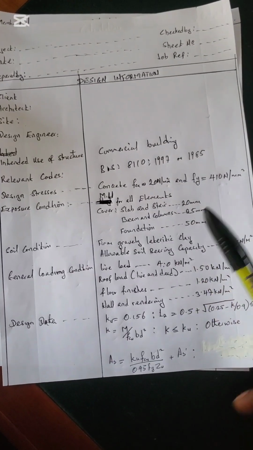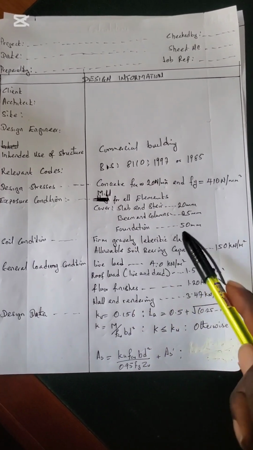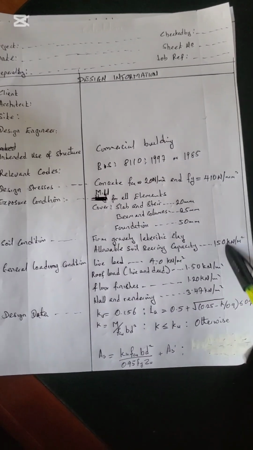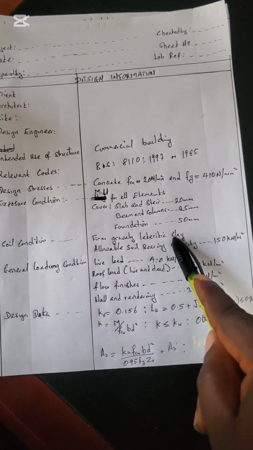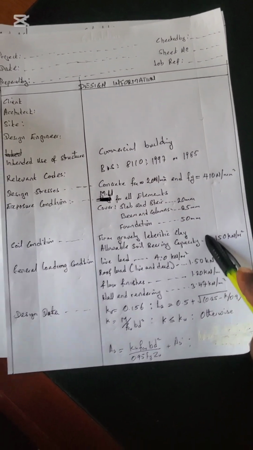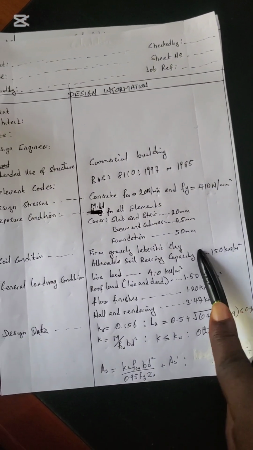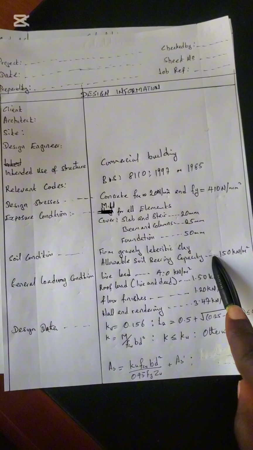In our area, we have an average bearing capacity of 180 kilonewton per meter square, but when I want to design, I use 150 kilonewton per meter square. So it means that for this structure, we are going to be using pad footing. The soil is strong enough to withstand the loadings of this structure.